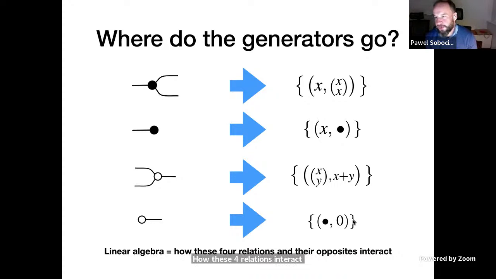Well, the opposites can be obtained already with the structure, right? I already have a compact closed structure here, so really linear algebra is all about these four relations and the beautiful ways in which they interact. So I quite like the slogan.